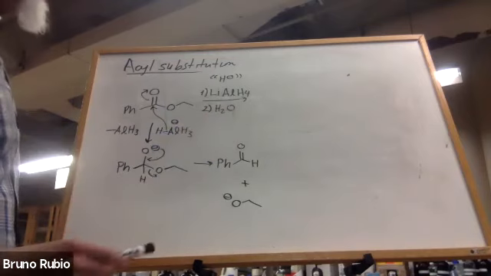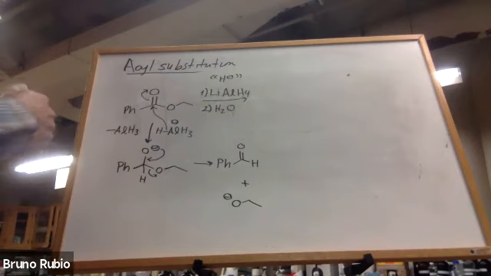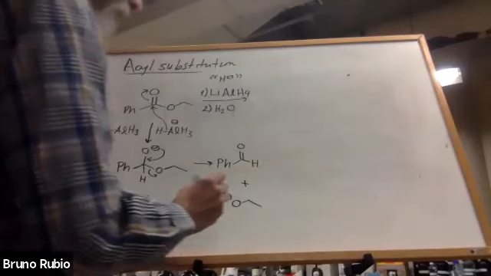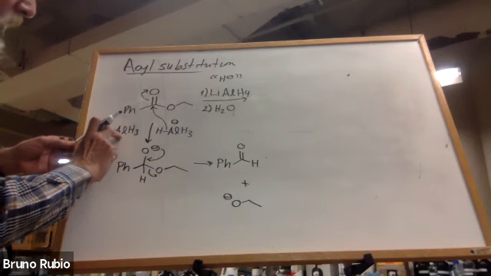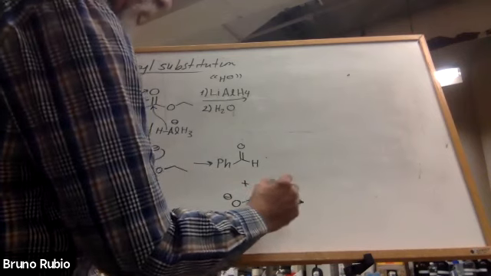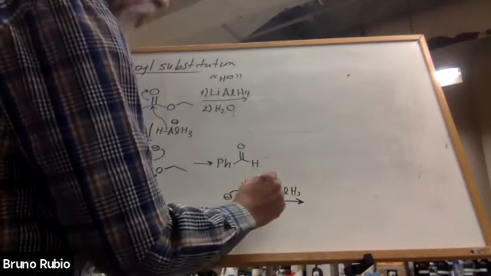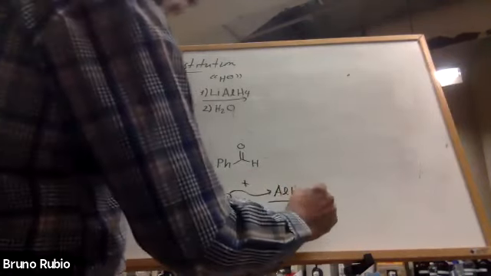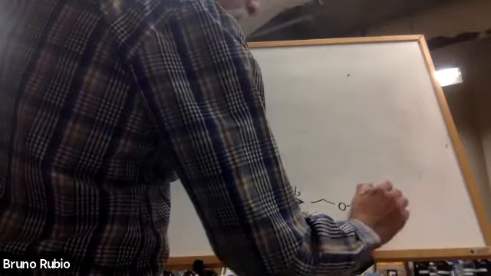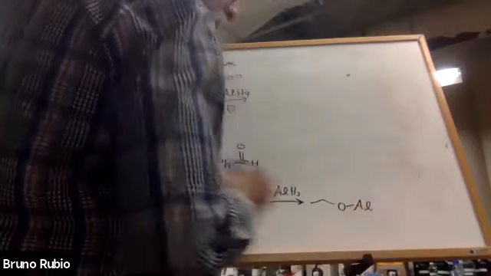So we don't need excess lithium aluminum hydride, because the lithium aluminum hydride can continue to transfer more hydride. See, so like maybe this guy could get together with this one. This one could get together with this one. Aluminum has this empty orbital on it, which could be attacked by the oxygen. And so I get something that looks like this.